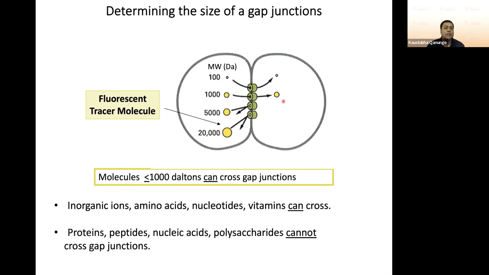They can cross between the cells, but proteins, peptides, nucleic acids, and polysaccharides cannot cross the junctions. Remember that even viruses cannot pass through this, because they are way larger. This is only one protein, while viruses are made up of many, many proteins, so they cannot pass through either.